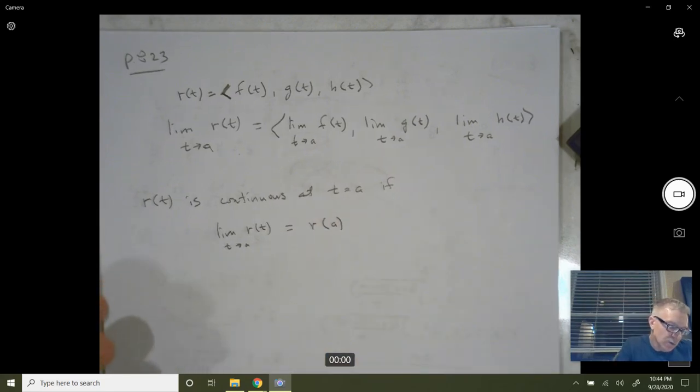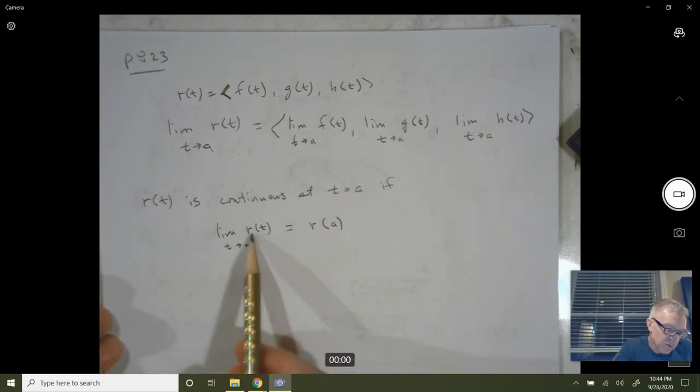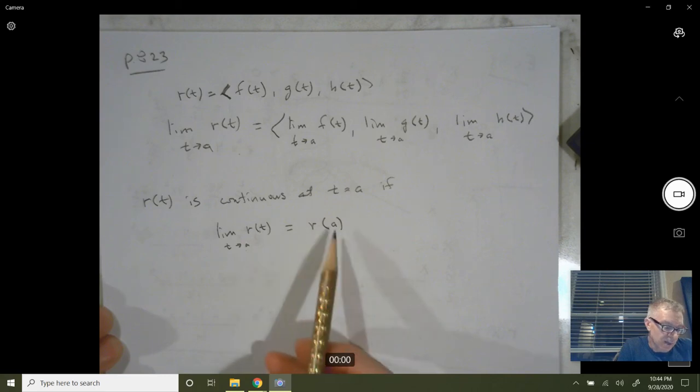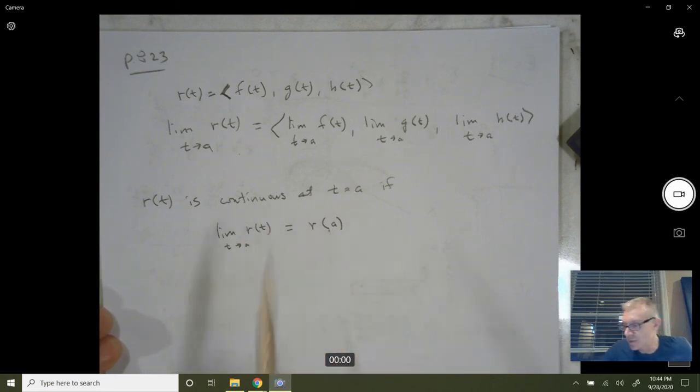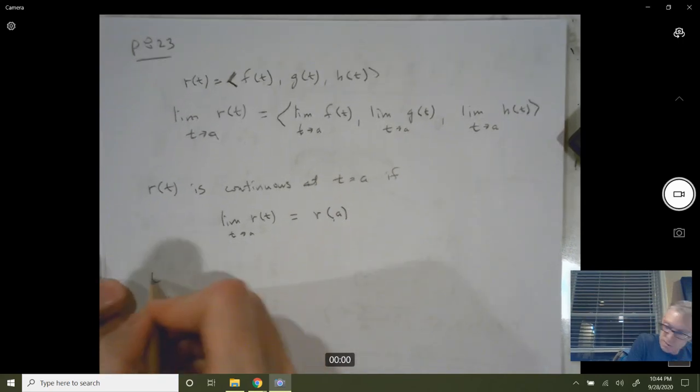Okay, so you're not only approaching the same value from both sides, that value also has to exist in order for this to be continuous. Okay, so we'll just do a couple examples.